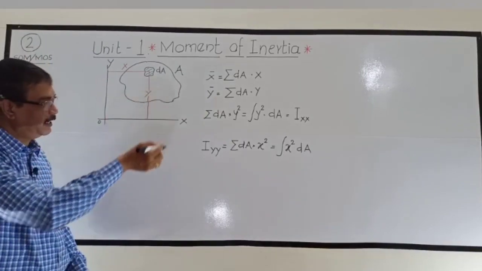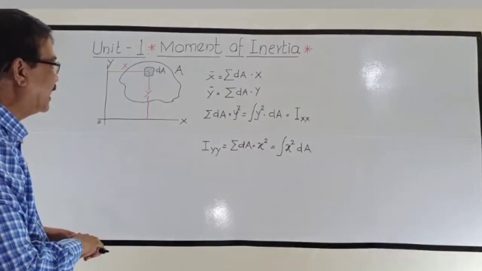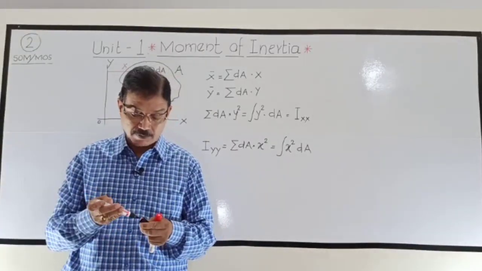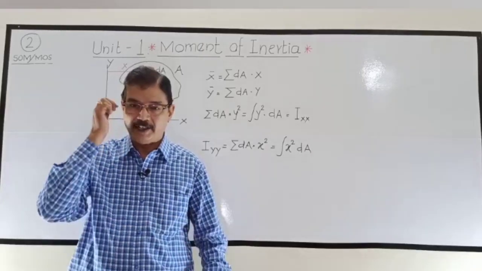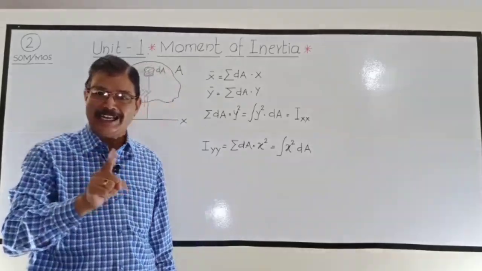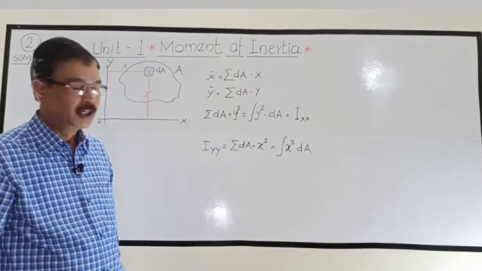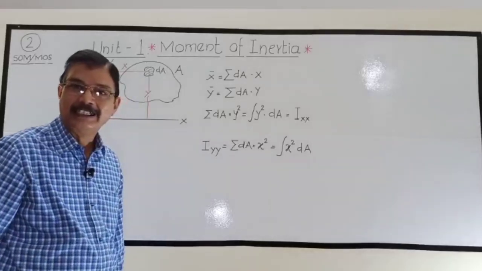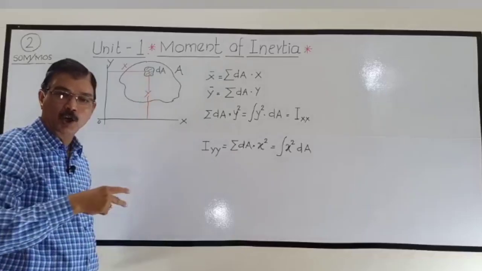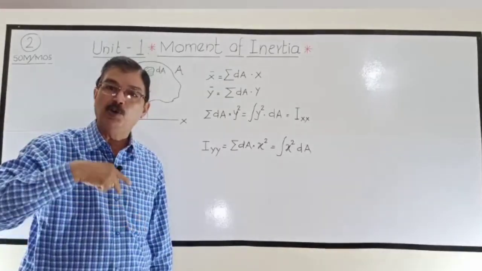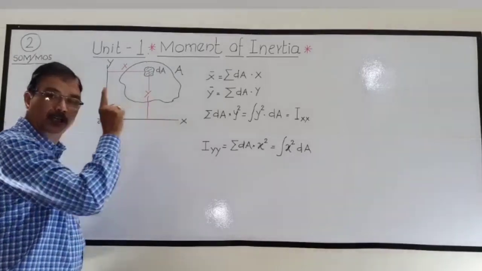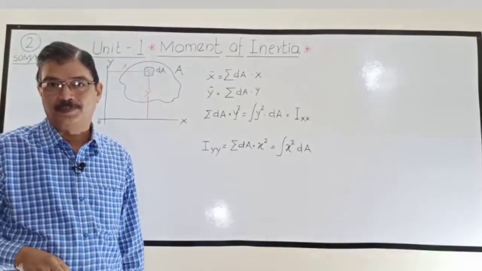Now from this mathematical portion, we can define the moment of inertia. Please see carefully. You can write the definitions from the book. Moment of inertia of a plane area about the reference axis is the second moment of area with respect to the reference axis.